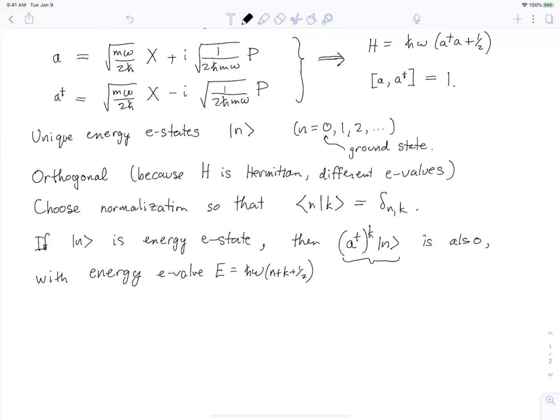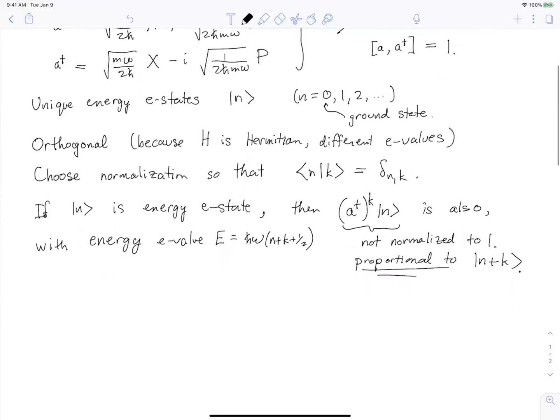Okay, but we have to be careful because this is not going to be necessarily normalized to 1. So it's proportional to the state |n+k>, but it's not equal to the state |n+k>. So what we have to do now is figure out how to normalize everything in order to make these things orthonormal.